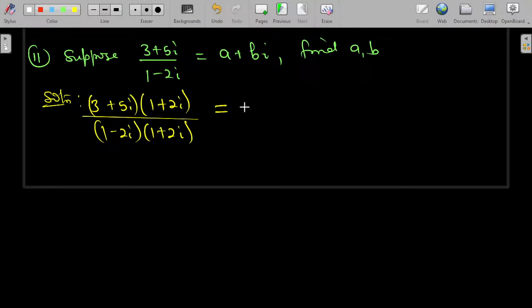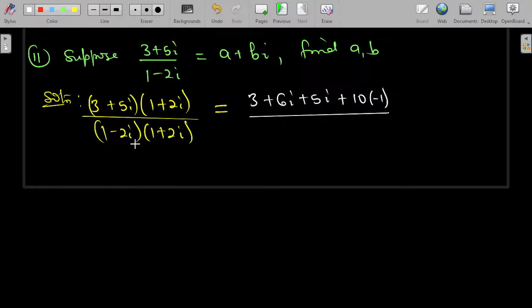Okay, so let's open our numerator. 3 times 1 is 3. 3 times 2i is 6i. 5i times 1 is 5i. And 5i times 2i is 10i squared. Permit me to put minus 1 here immediately because i squared is minus 1.